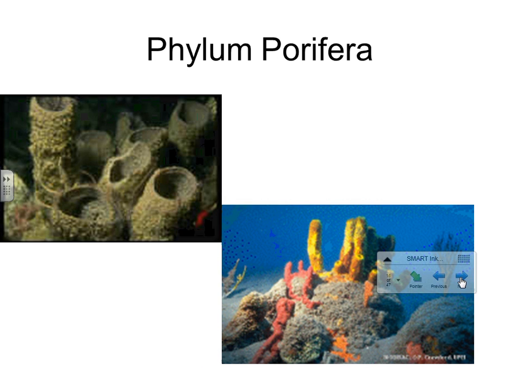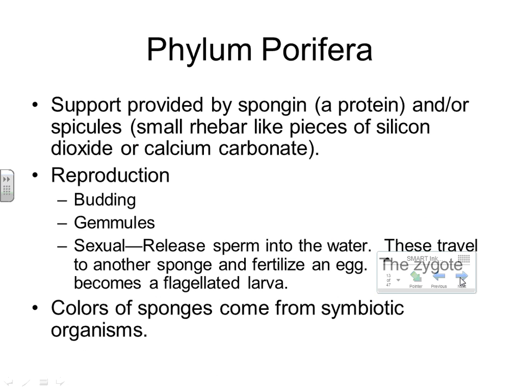So typically, their support structure is two or three things. No bones. They either have proteins called spongin, or they have these little things called spicules, which are like little sharp spikes made out of silicon dioxide, which normally, what do we call silicon dioxide? Glass.